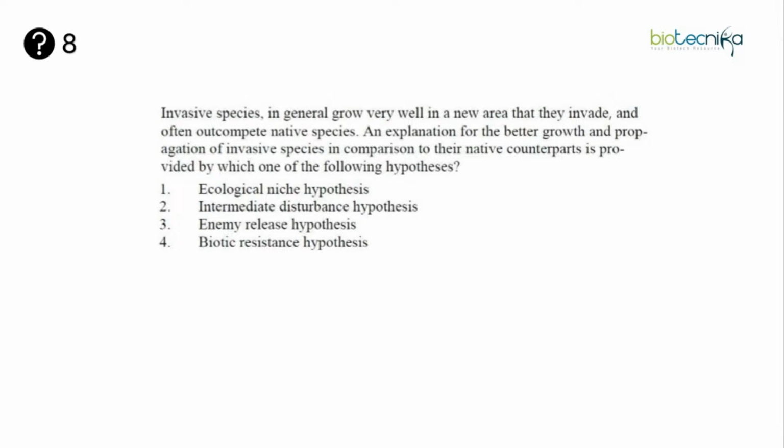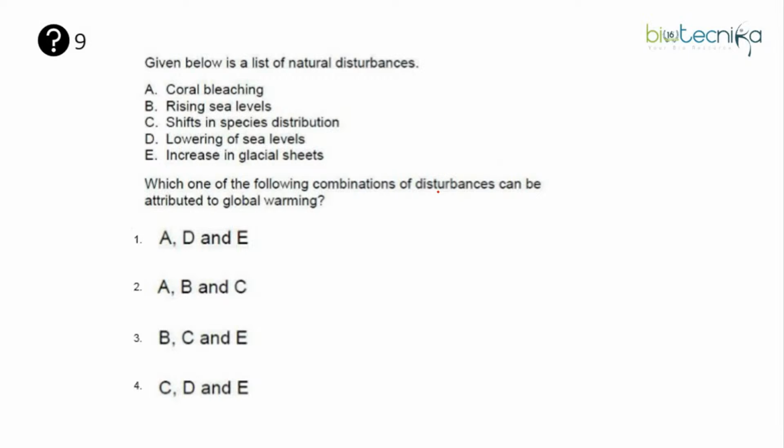Got the answer? The answer is option 3. Absolutely correct. Invasive species in general grow very well in new areas that they invade and often outcompete native species. An explanation for the better growth and propagation of invasive species in comparison to their native counterparts is provided by which one of the following hypotheses. It is the enemy release hypothesis.